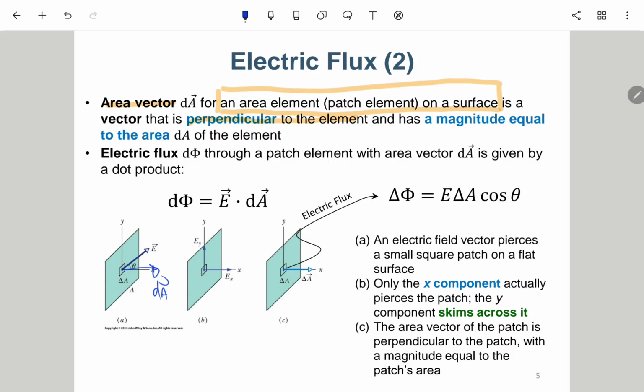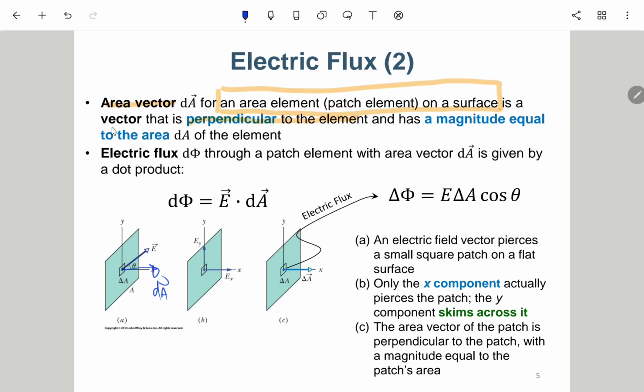But after you define one of the directions, you need to use it all the way. Don't use it sometimes pointing to the right, sometimes pointing to the left. Then you make mistakes and get an additional negative sign. So you can define either direction, but after determining the direction, you need to use it all the way.